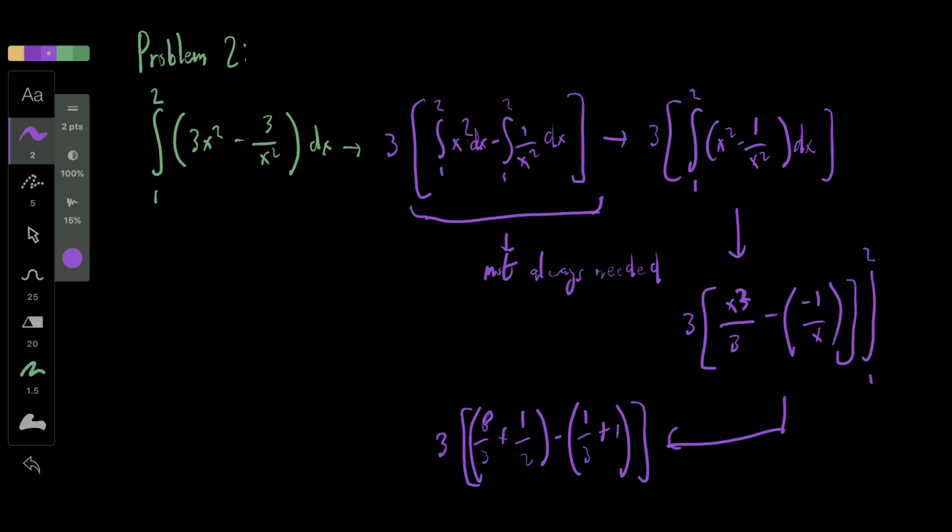Now that we have that, we have 3 times 8 over 3 plus 1 over 2, or if we just expand it out, 8 over 3 minus 1 over 3 is 7 over 3, and then plus 1 over 2 minus 1 is minus 1 over 2. So what we have is 7 minus 3 over 2, or 11 over 2, and that is our final answer for our second problem for today.